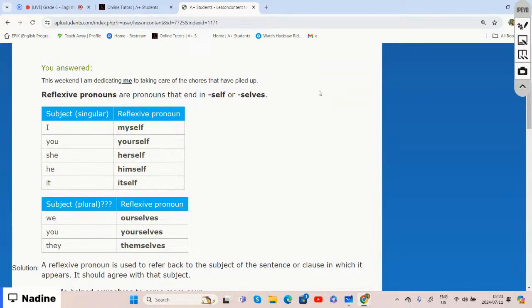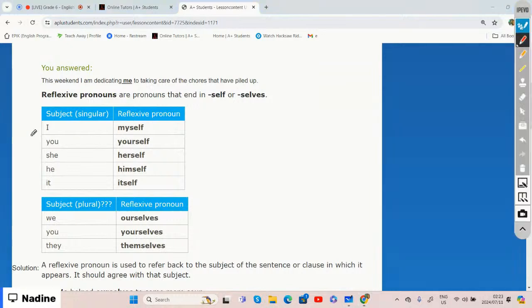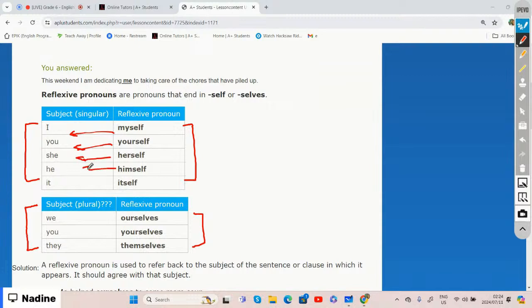And our reflexive pronouns need to refer back to our subjects, right?